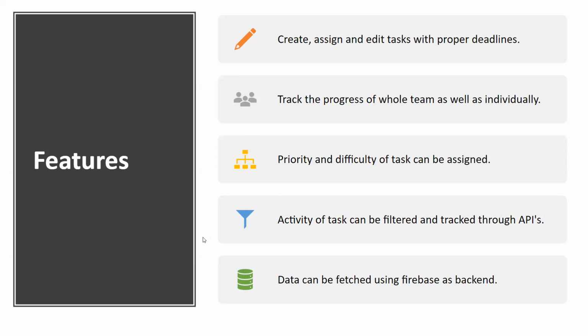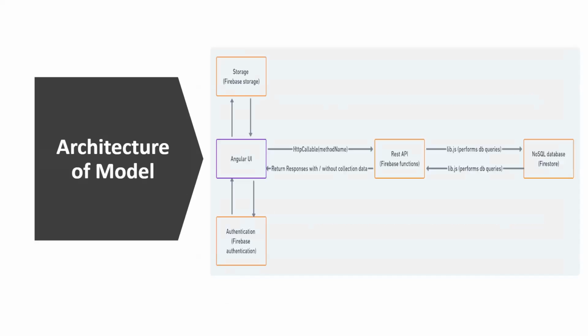All the activity that we do in the website or in the task can be filtered and tracked through APIs. We fetch the data from the backend using Firebase. We use NoSQL for this. In our architecture, the Angular UI uses REST APIs, and we call the methods using HTTP callable.